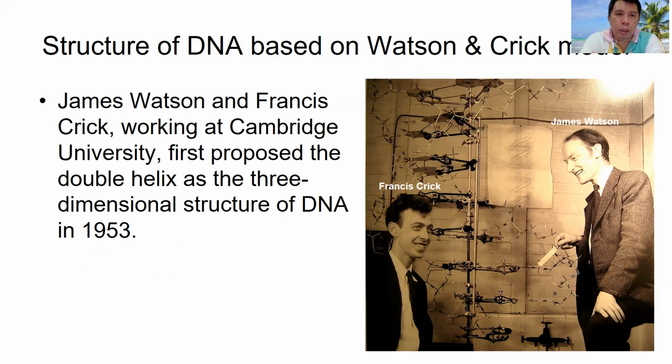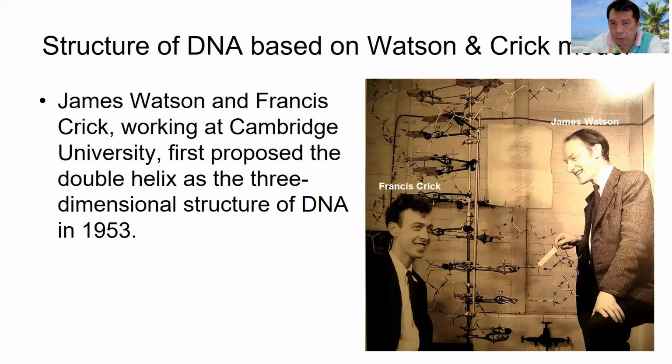The DNA structure that we have learned so far is based on the Watson and Crick model. James Watson and Francis Crick, working at Cambridge University in 1953, proposed the double helix structure of DNA.